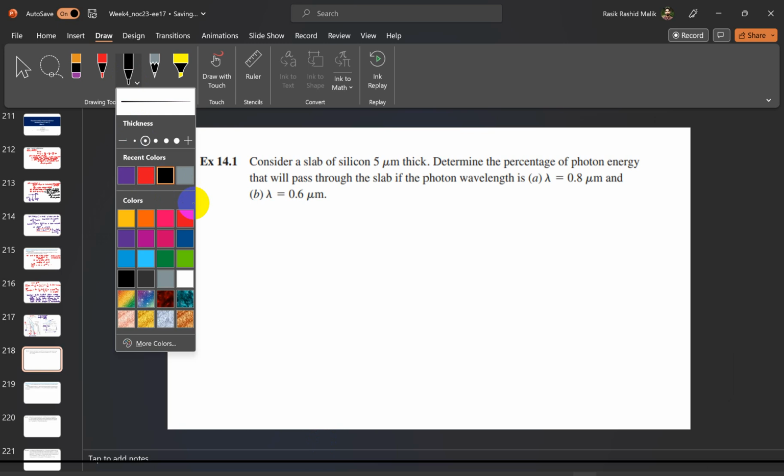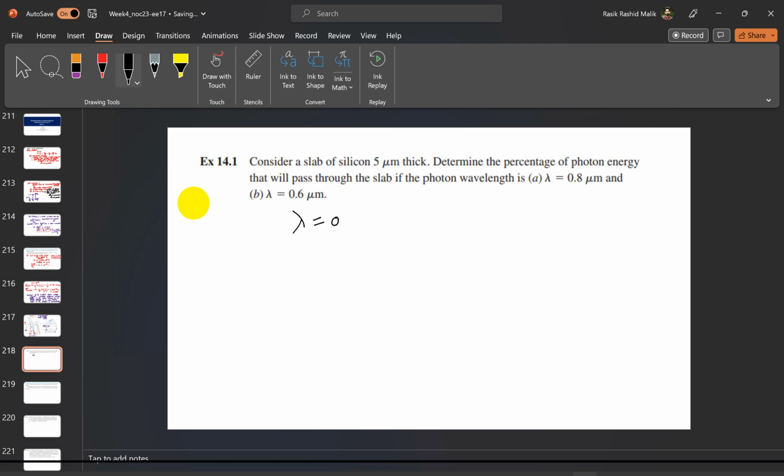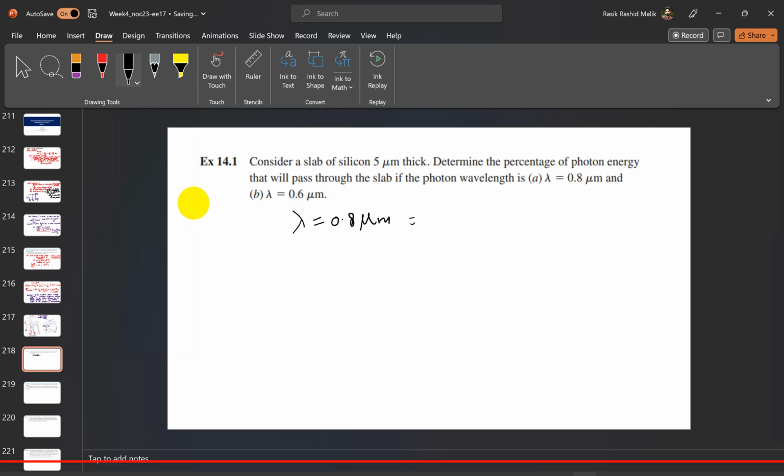Okay, so from that diagram, when lambda is 0.8 micrometer, it will be somewhat close to 10 to the power 2, so that is 10 to the power 3 actually.